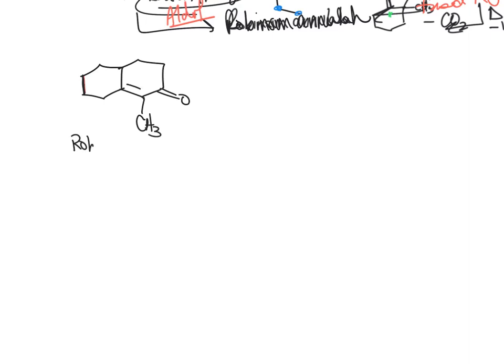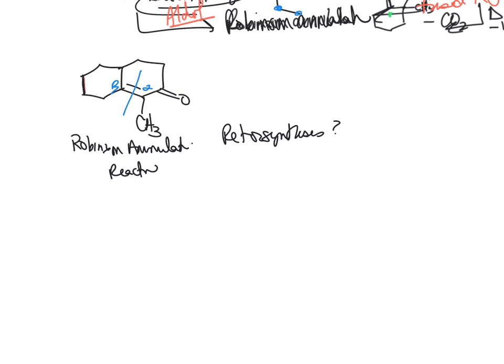This is a Robinson annulation reaction. Okay, so we're going to do a retrosynthesis. So what I want you to do is label your alpha, beta, and put a line through it. Okay, and so then we're going to do that. We're going to break it down.